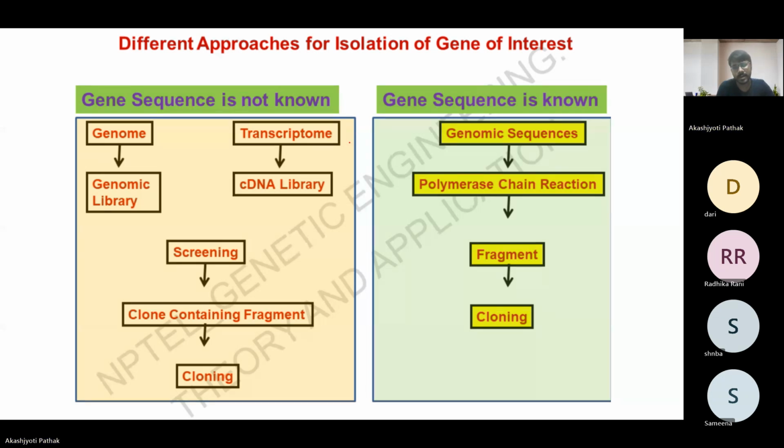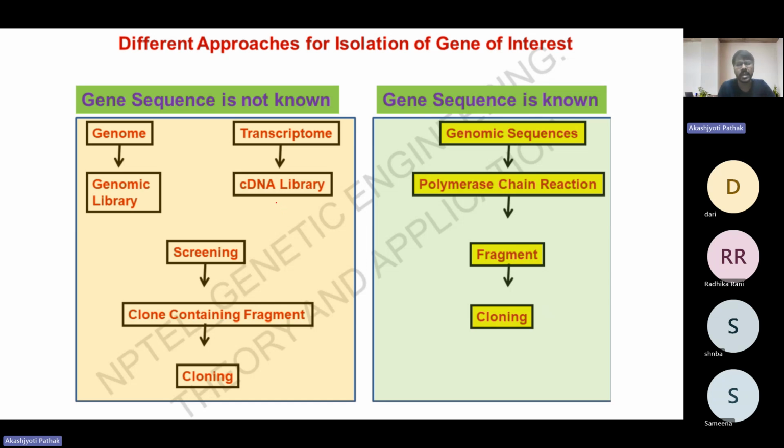So first of all, if the gene sequence is not known, then we can screen the genomic library or the cDNA library. When do we need to screen the cDNA library? It is required when we only want to know the part of the genome which is coding for a particular protein, isn't it?